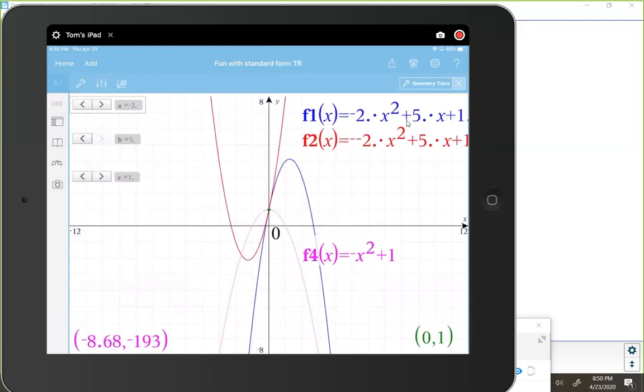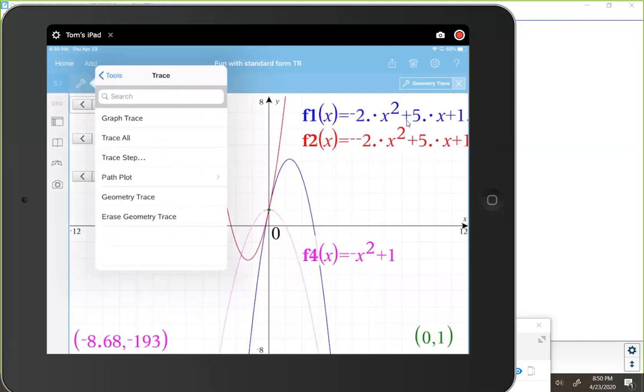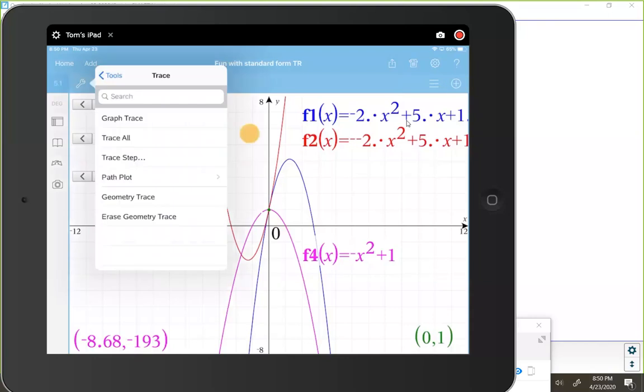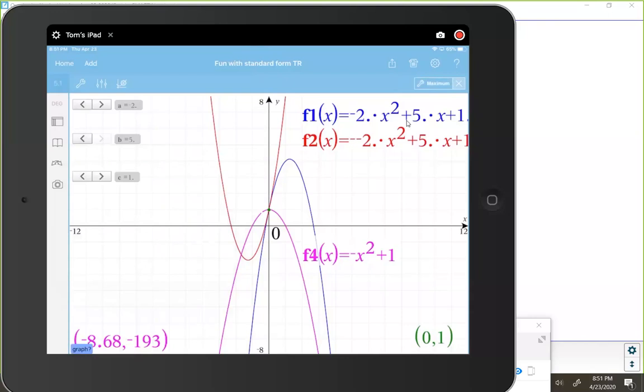Okay, and geometry trace. Oh, did I lose the pink point? It's like I lost the pink point. Let me get that quickly. Is that the one, Curtis, right there?